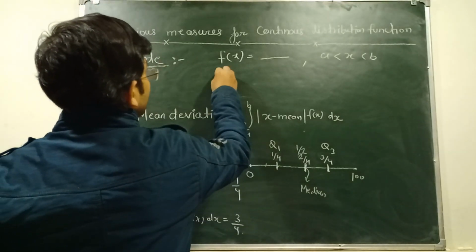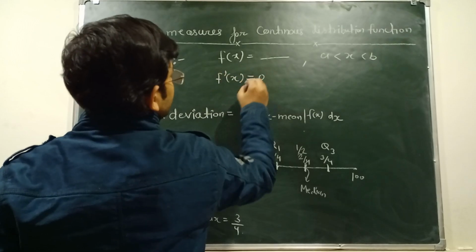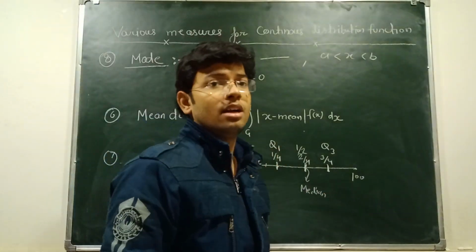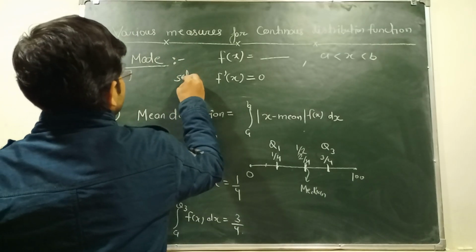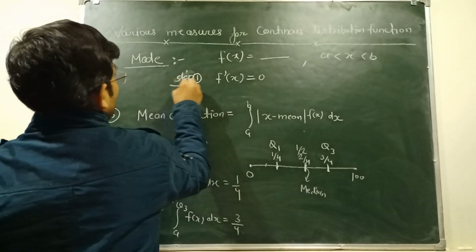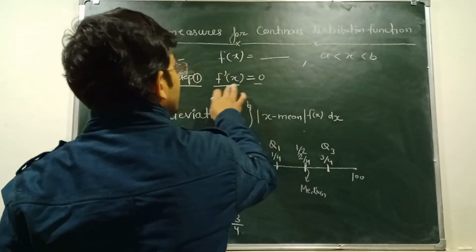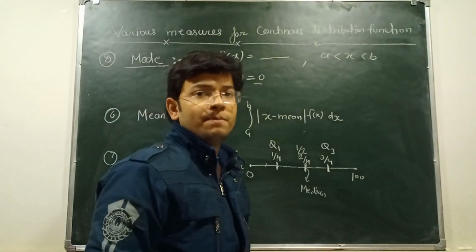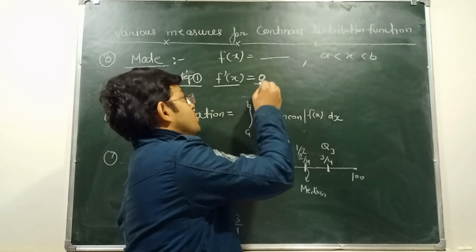First of all, we differentiate with respect to x. This is the first step of finding the mode: f dash is equal to 0. Here we can find the values of the constant term, so we put the value equal to 0.